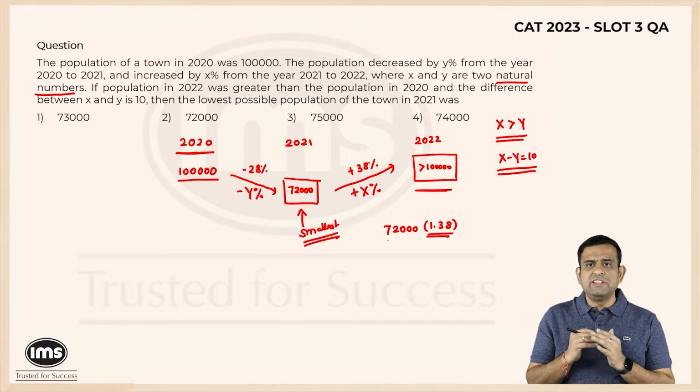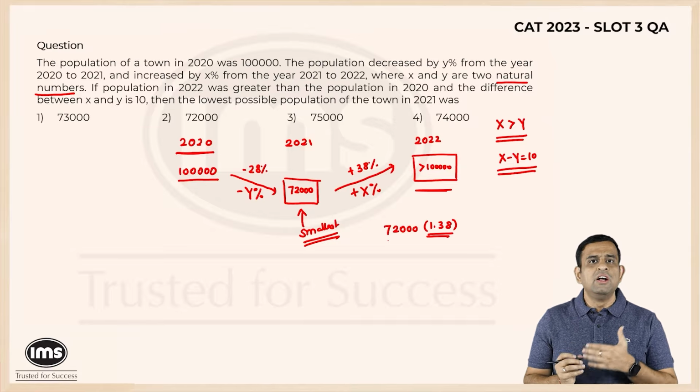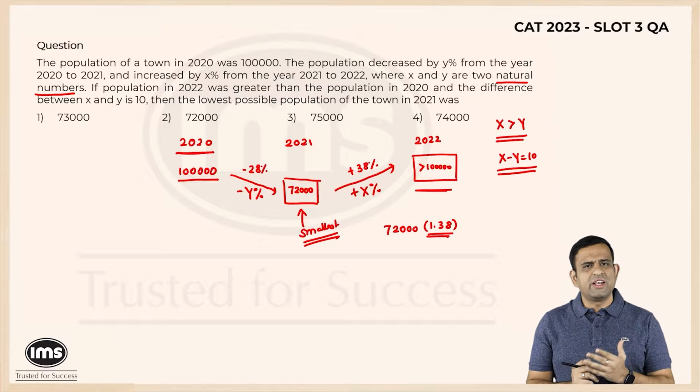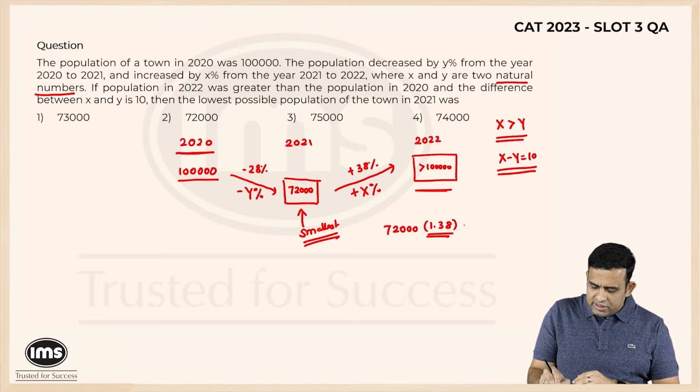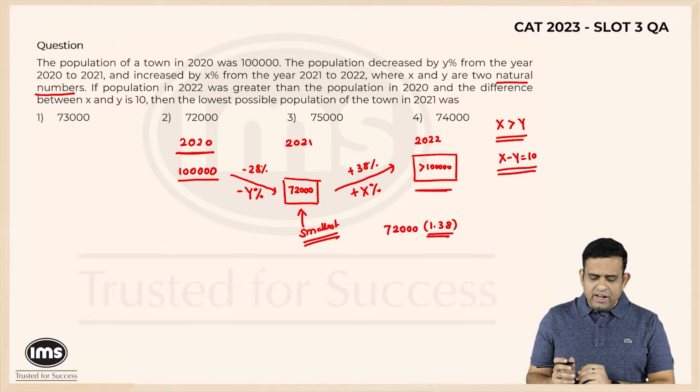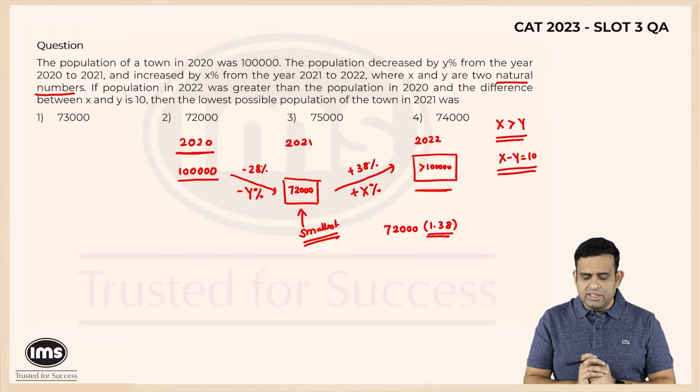Why? Because if something is increased by 38%, the new value becomes 138% of 72k, which is 138 upon 100, or 1.38 times. This value will come out to be slightly less than 1 lakh. And that means 72,000 should not be the answer.